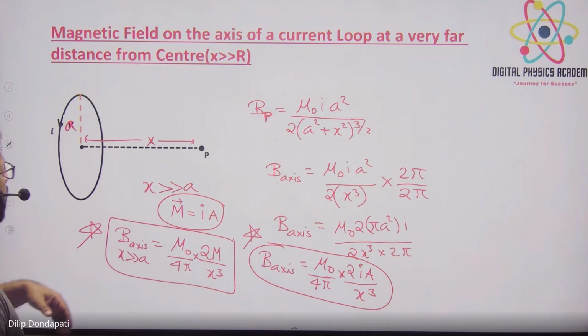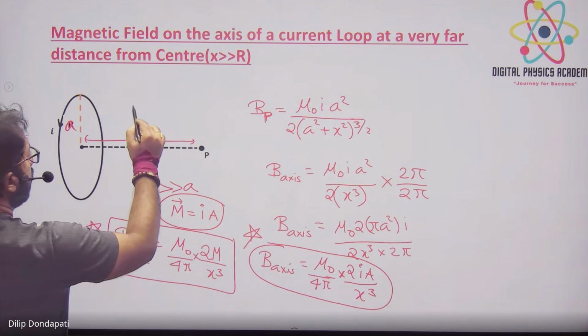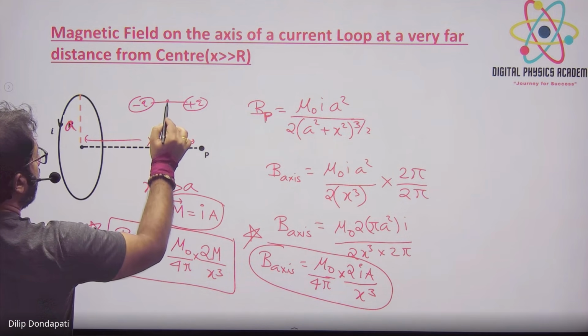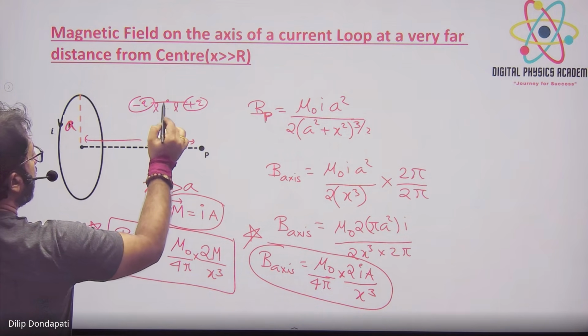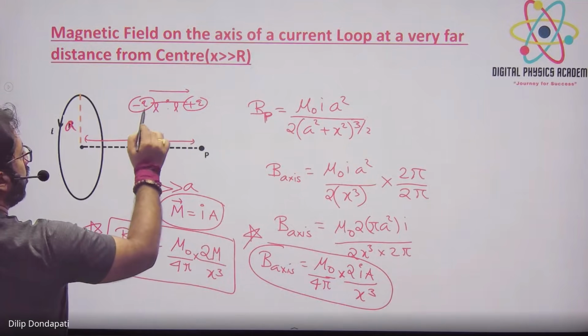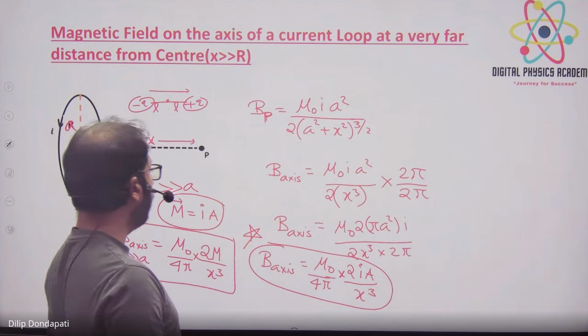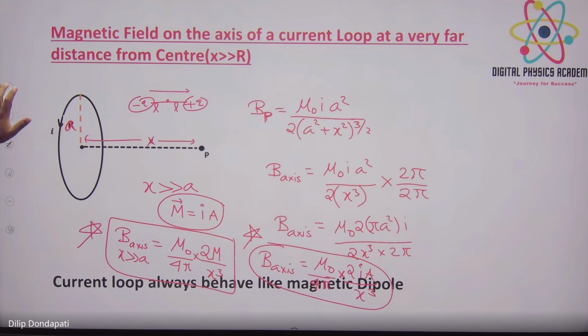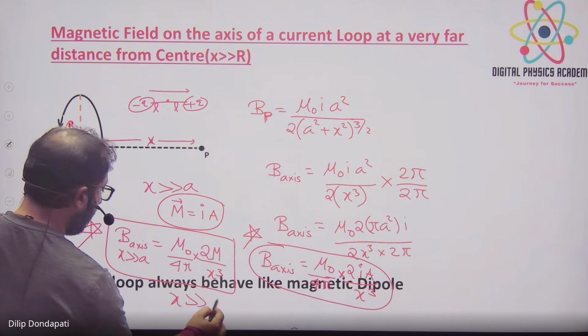Magnetic moment is always from minus q to plus q, separated by a distance. So what will its direction be? Tell me. Negative to positive, from south to north. Minus q is acting like the south pole. Okay, let's go. So a current loop behaves like a magnetic dipole only when x is much greater than a.